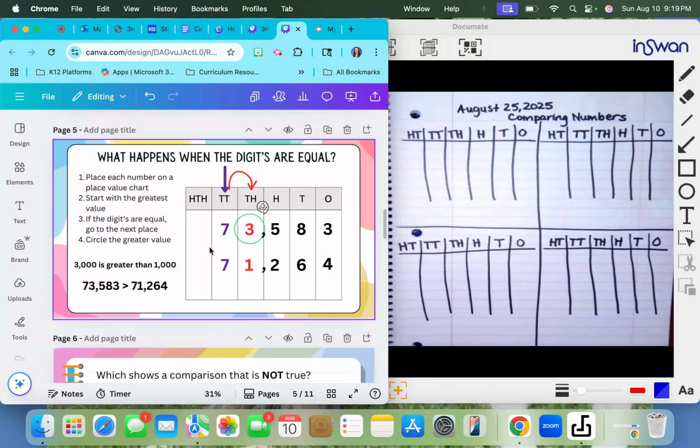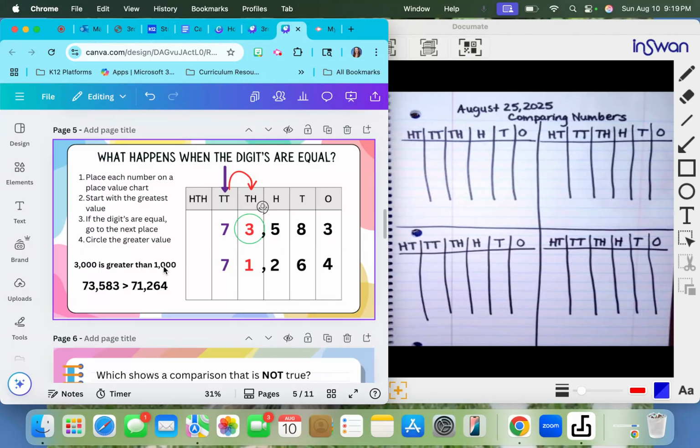So now I'm going to write my numbers into my comparison statement. 73,583 is greater than 71,264 because 3,000 is greater than 1,000.